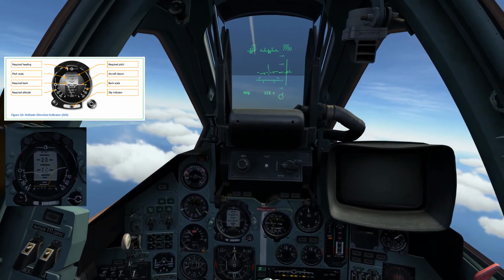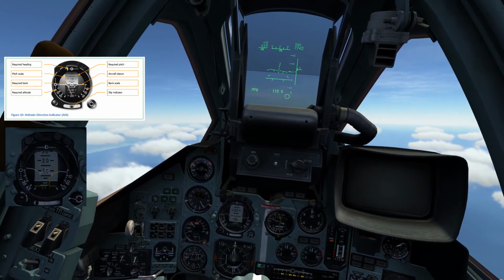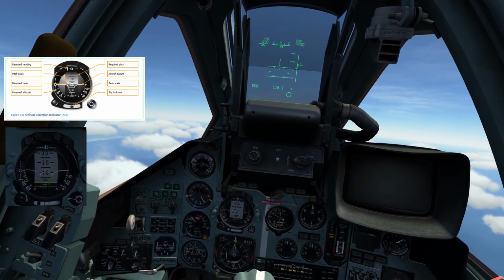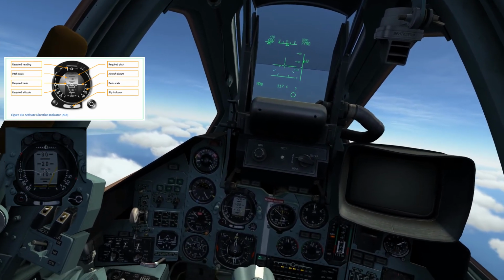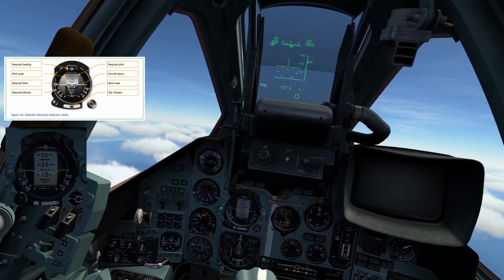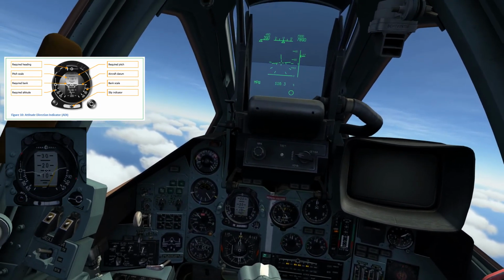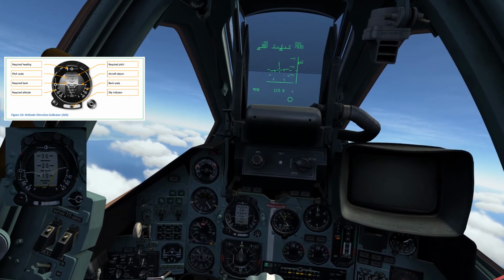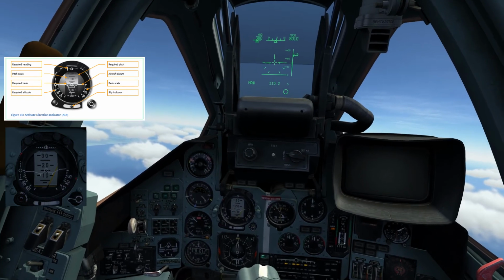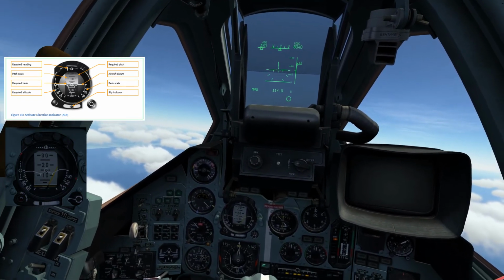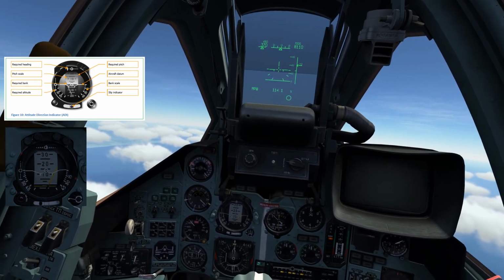But now, as you see, the nose of the aircraft is pointed to my waypoint, as you can see with the required heading needle, but I am still to the left of my course line. So the required heading needle is pointed at the next waypoint, but the required bank needle wants me to put myself back on that course line between waypoint 4 and waypoint 5.